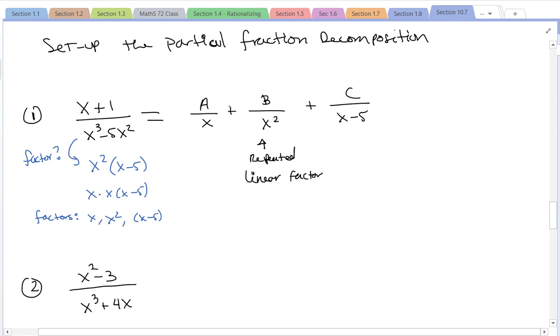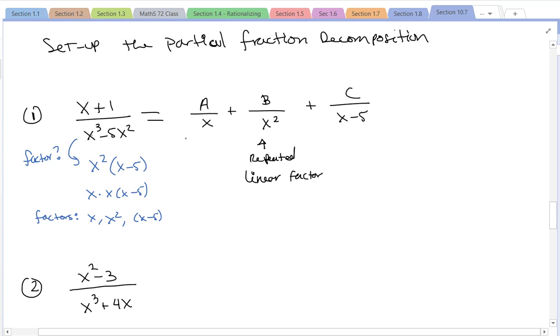Now, if you're wondering why I have the x there, the factors are really just x squared and x minus 5. But think about what can be divided into x cubed minus 5x squared. x goes into it, but x squared also goes into it, so we need to have that x.